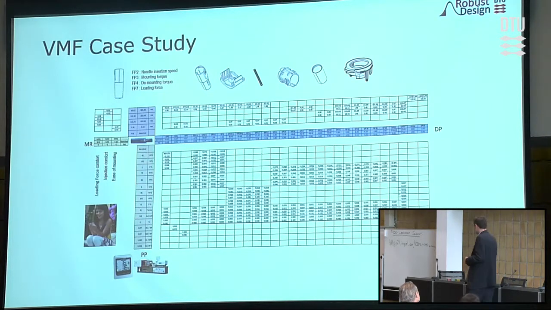And then based on some basic process capability data, but some assumptions as well, we could do some estimations of what the sensitivity of the design parameters are to the different process parameters. So we didn't really come up with anything that problematic in creating a complete VMF for this case.